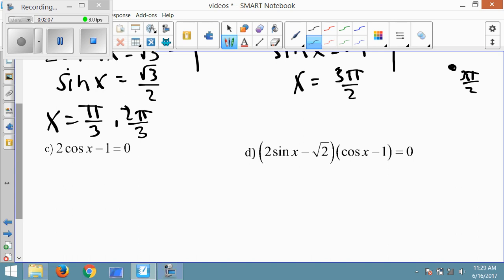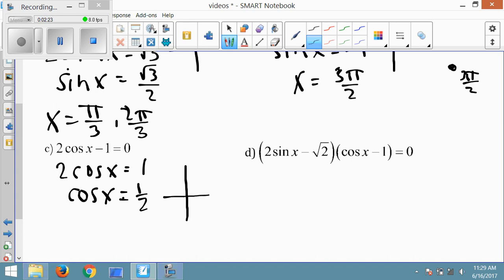All right, so in C, we're going to first add 1 to both sides, and then we are going to divide by 2. So I am trying to find out when cosine is equal to 1/2. Cosine is positive in the first and fourth quadrant. So the 1/2 is just going to be the angle in the first quadrant.